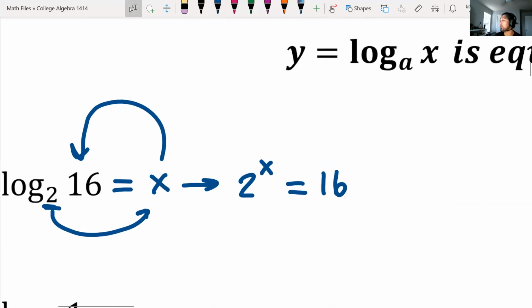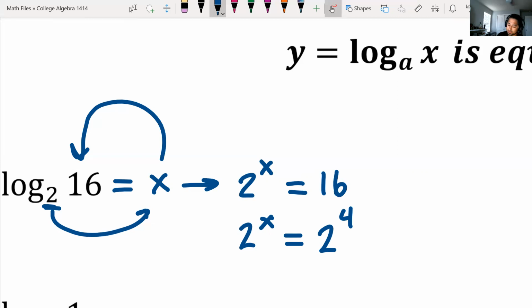So now we have this exponential equation, 2 to the x equals 16, which we can now solve using methods that we learned last class and change 16 into a base of 2. So this will become 2 to the x equal to 2 to the 4th.